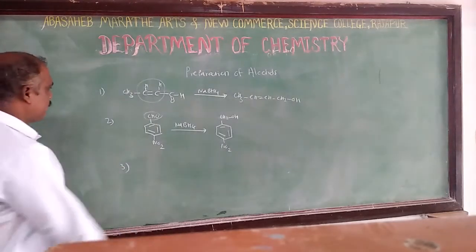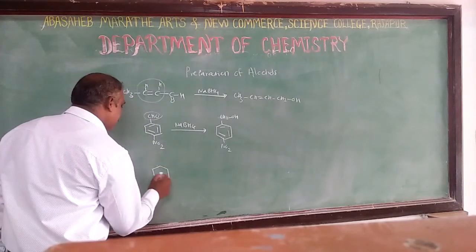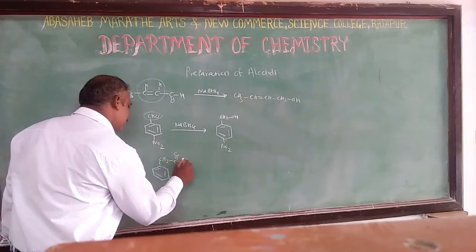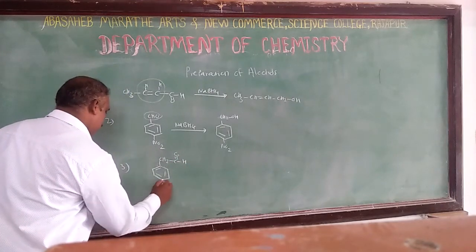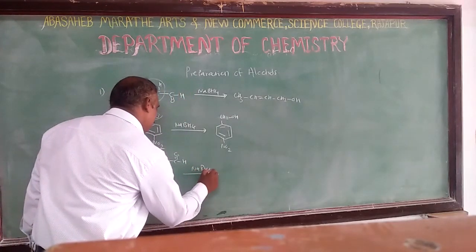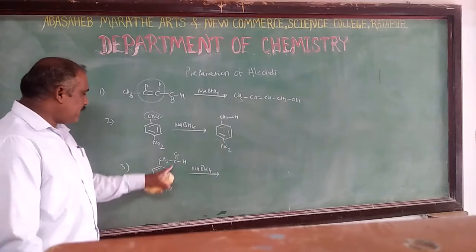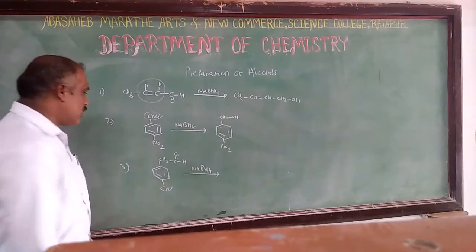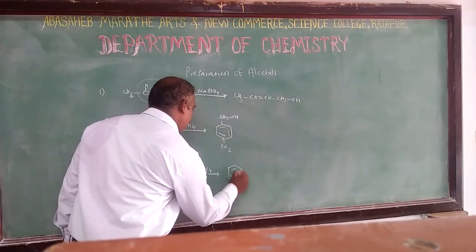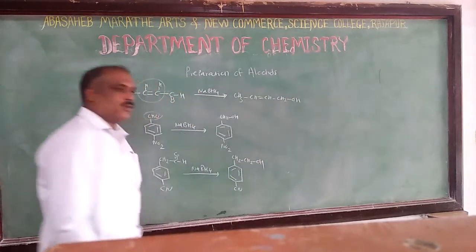In the next example, by using sodium borohydride, it reduces only the aldehyde group to the corresponding alcohol, CH2CH2OH.